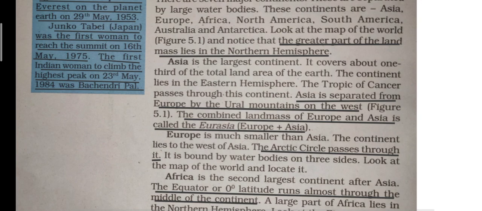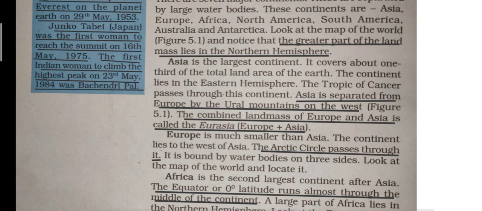So children, Asia is the biggest continent of the world and it covers 1/3 of the total land area which is present on the earth. So wherever land is present on the earth, Asia itself covers 1/3 of that total portion. That means Asia is a very huge continent.